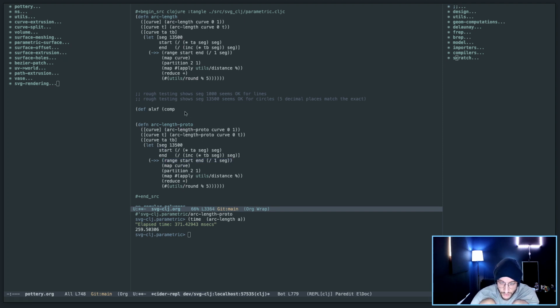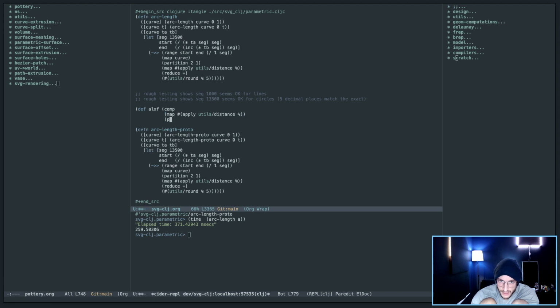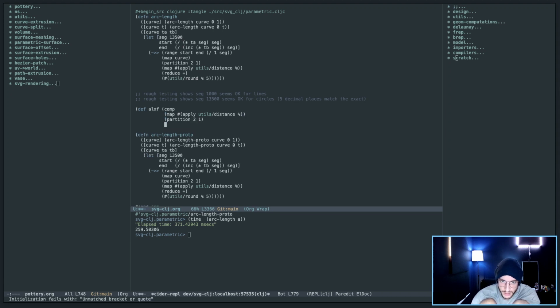Okay, so the first thing we want to do is actually comp map apply utils distance. Okay, that's the first thing. Partition that 2 by 1 and map curve. Okay, is that a valid?